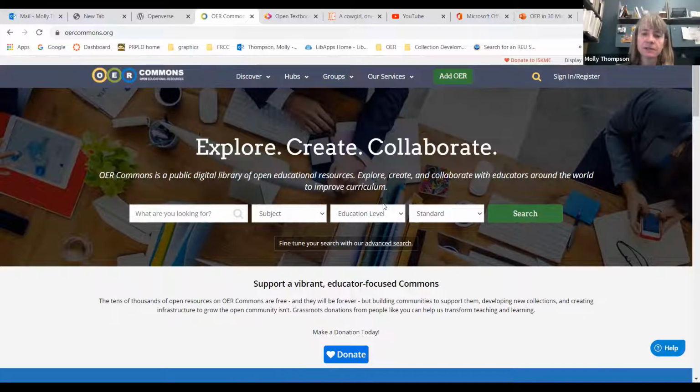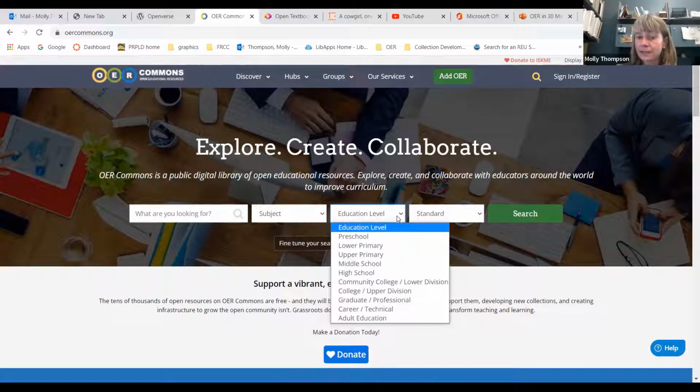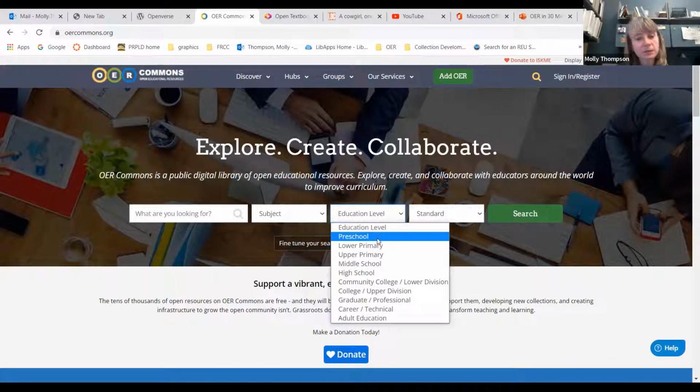So maybe you just need, you know, like a lab or an exercise or supplementary materials. Those are located on the site as well. And not only do they have that, but I think a lot of times we think of OER, we think of college, but they have materials for preschool, for middle school, and so forth. So you can really kind of drill down with your search there.